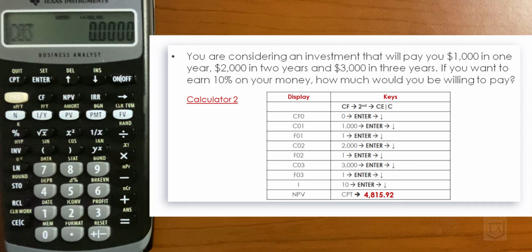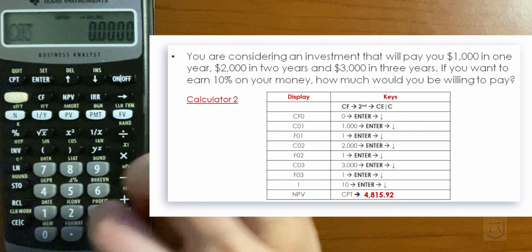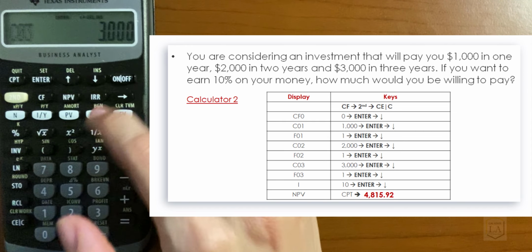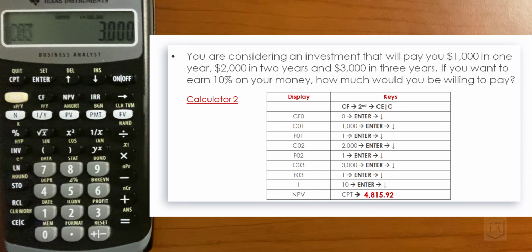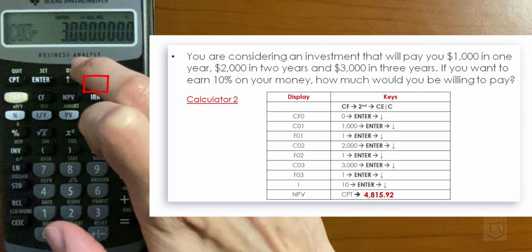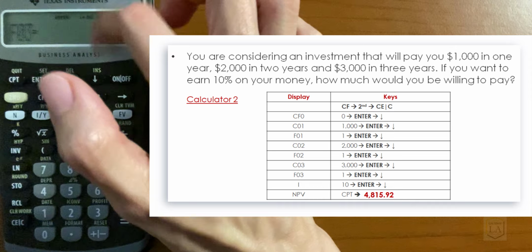And finally, this is the end of the time period. It only has 3 years. So C03 will be your last period, and that's going to be $3,000. The cash flow that you're collecting in the third year will be 3,000. Enter. And then down arrow. Finally, you see frequency in year 3, that's going to be 1.